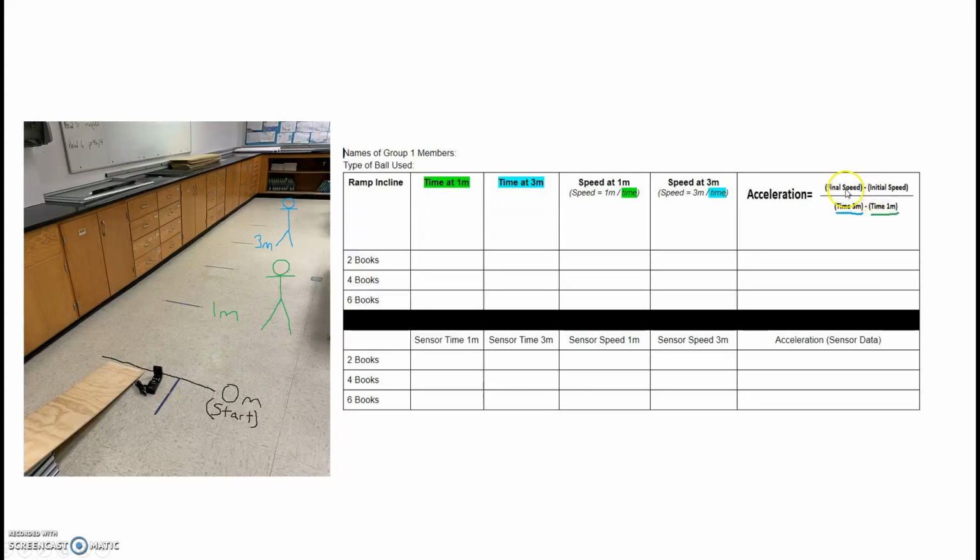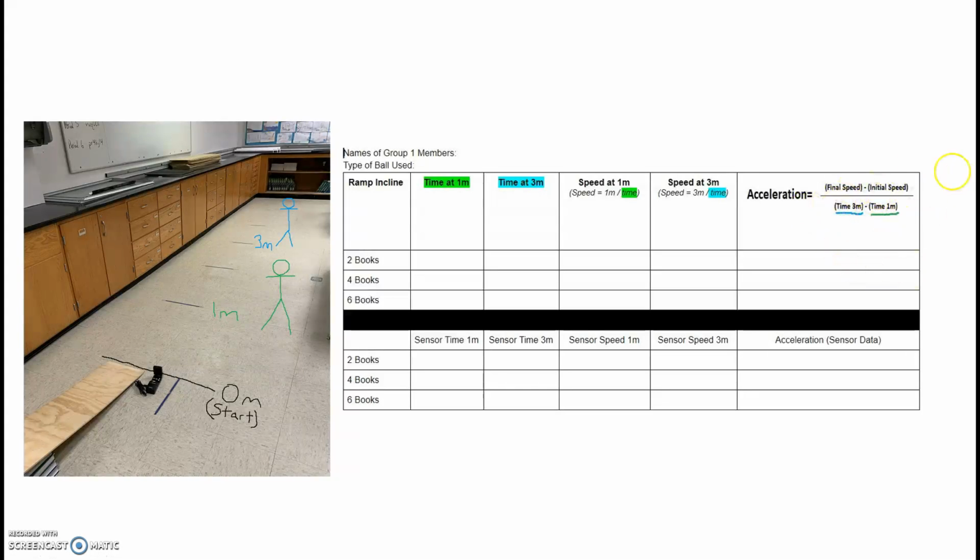Remember, our final speed is that end moment in time. In this case, our final speed is the speed of the ball at 3 meters. Our initial speed is that beginning moment in time. In this case, it's our speed when the ball was at 1 meter. So again, final speed is the speed at 3 meters, and initial speed is the speed at 1 meter.